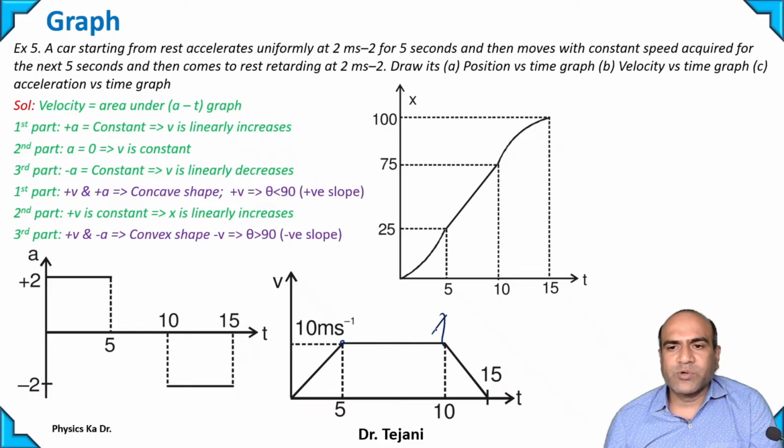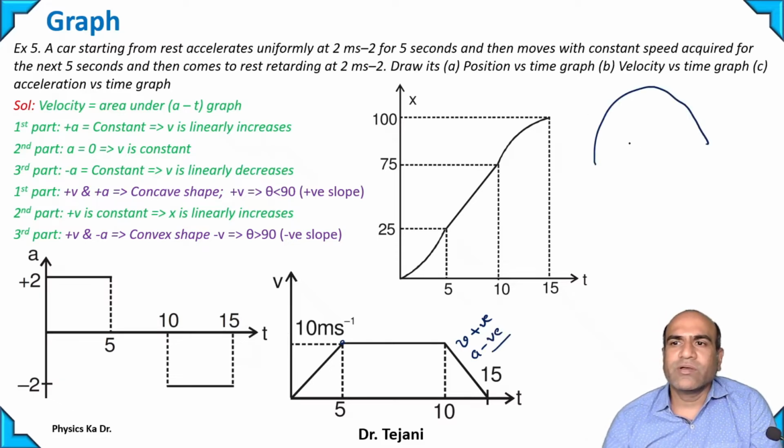Then for the last portion here, velocity is positive, but acceleration is negative. So for negative acceleration, we have a convex shape.